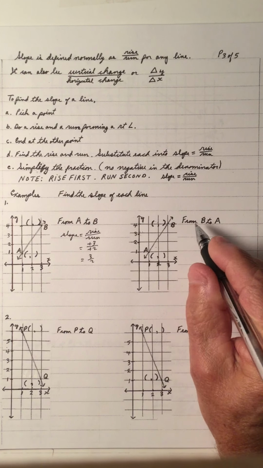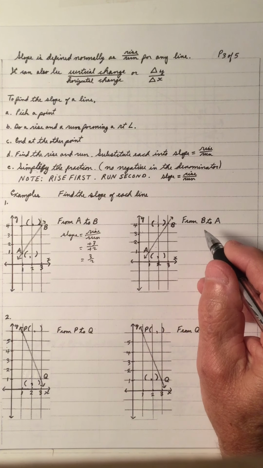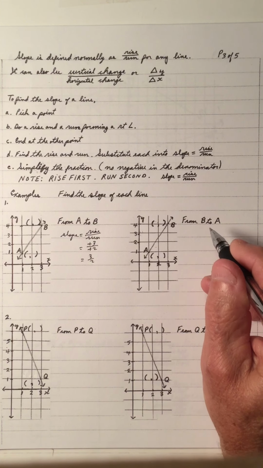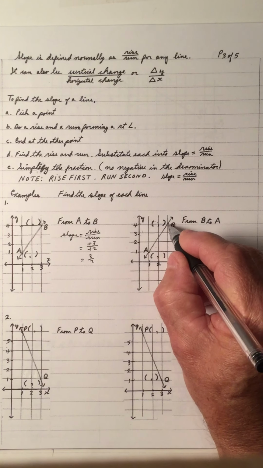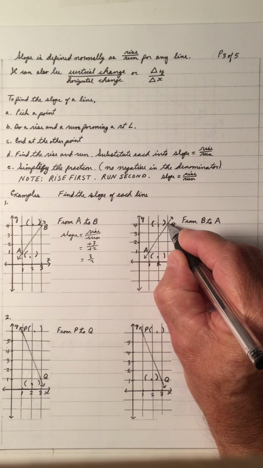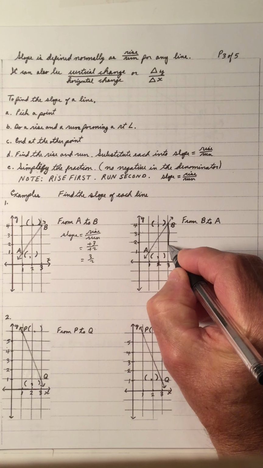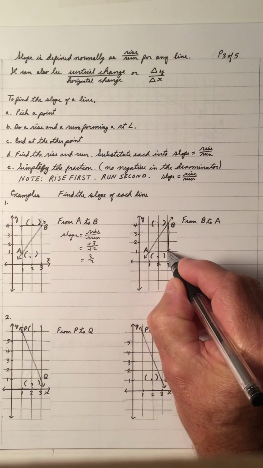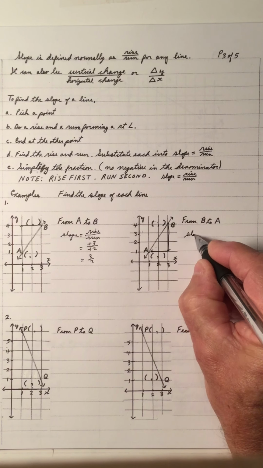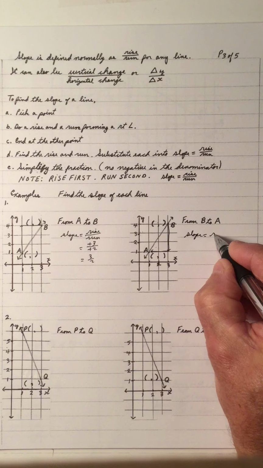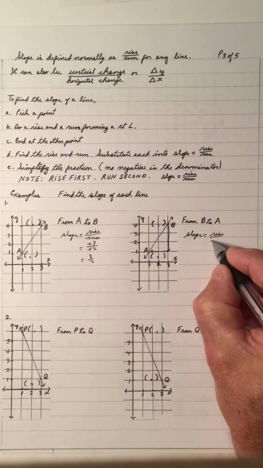We could also go from B to A, and notice I always do my rise first and then my run. So I can also go down and then to the left. The slope of a line is defined as rise over run.